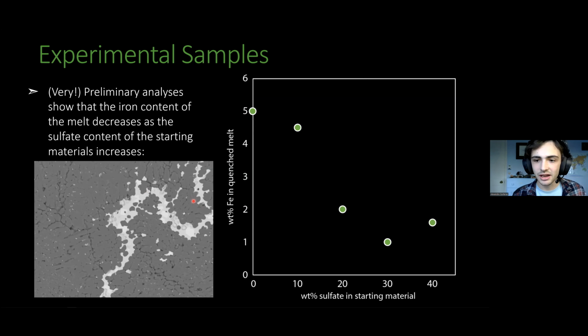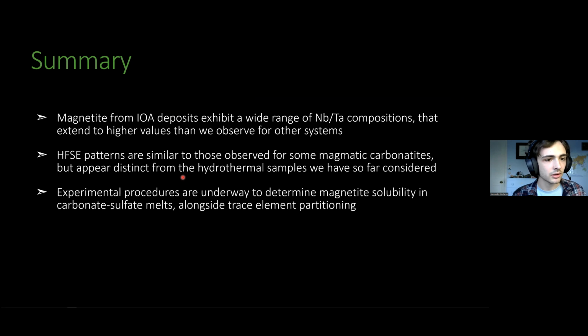We don't have enough data to properly interpret this yet, but it does show a good starting point. Over here is a carbonate sulfate melt. You can see there are some strange textures we've seen because of some interaction with the nickel capsule, but it's still being measured regardless.